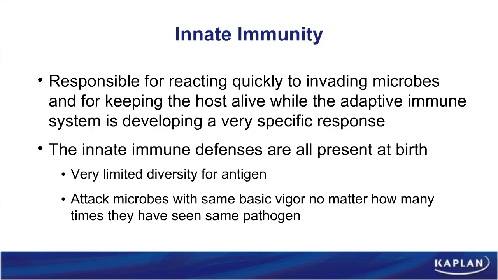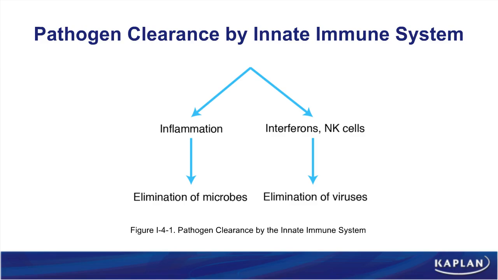If we're making a comparison, the innate immune system can recognize maybe less than about 1,000 different types of molecules versus the adaptive immune system, which we know can recognize millions of different types of molecules. Based on the different types of pathogens that we can be exposed to, the innate immune system essentially has two major ways that they can deal with these pathogens.